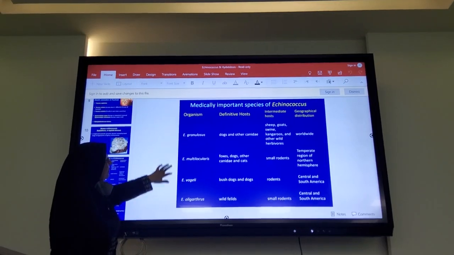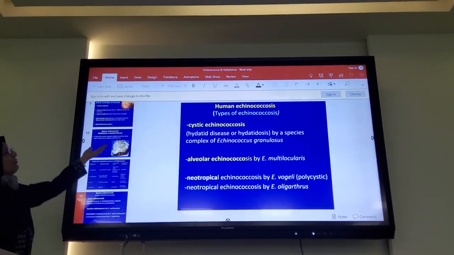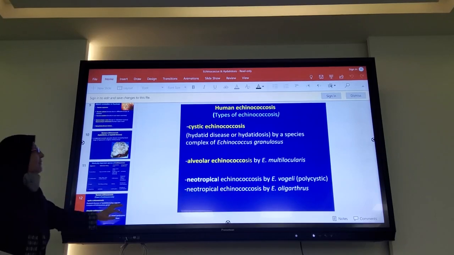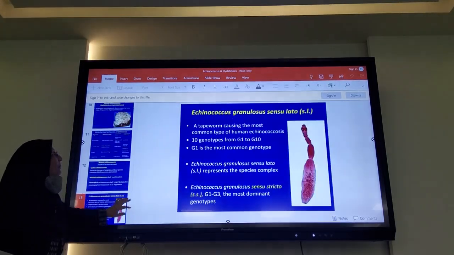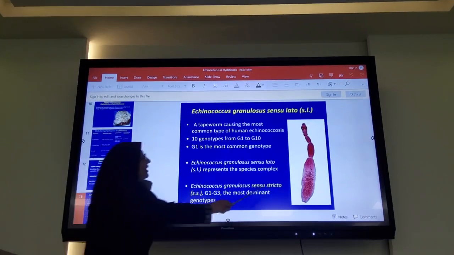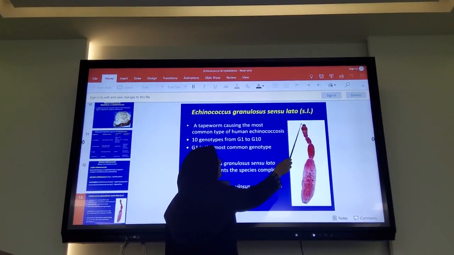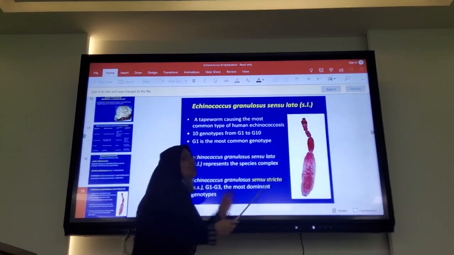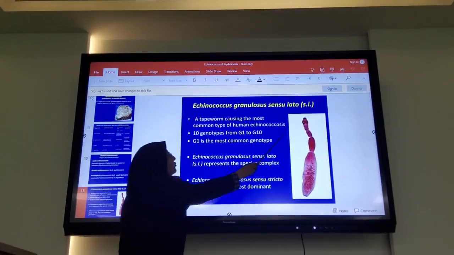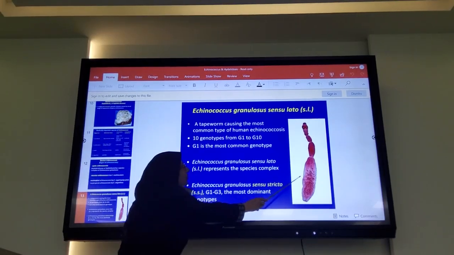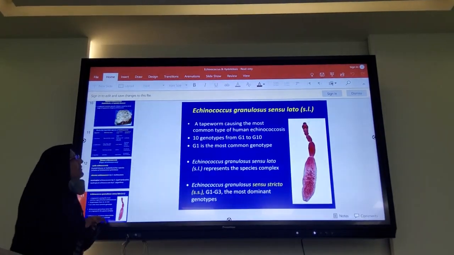We are not going to the details of these species, but we are going to talk about cystic echinococcosis and alveolar echinococcosis. Echinococcus granulosus is just a few millimeters. This is the scolex, hooks, suckers, and the segments. You see just a few segments: immature, mature, and gravid proglottid. And this is the genital pore, which is lateral.